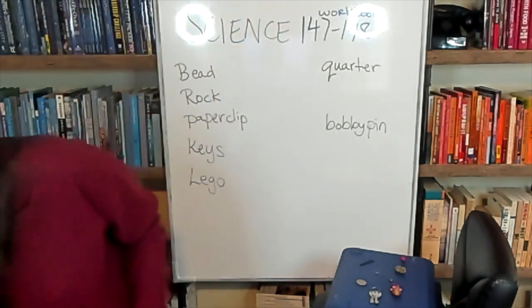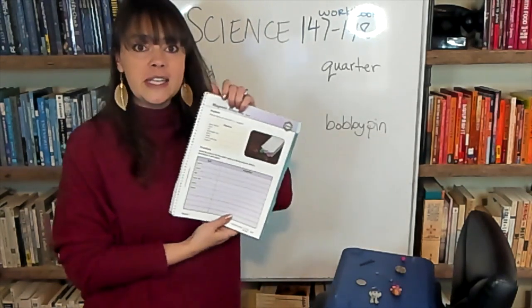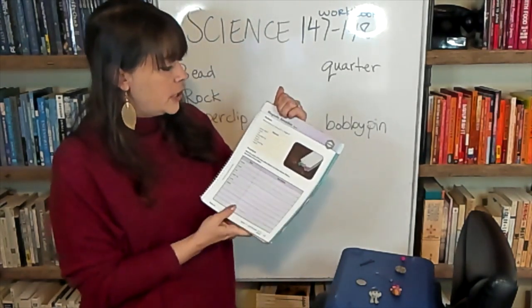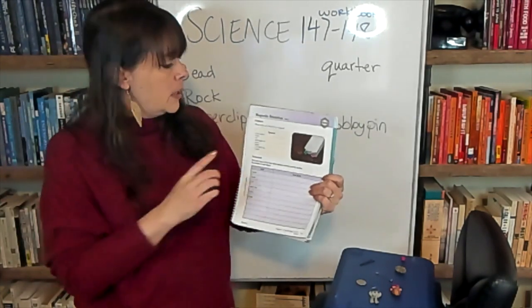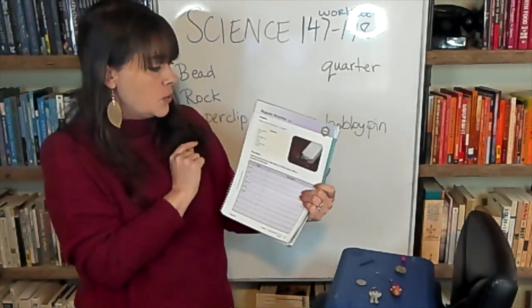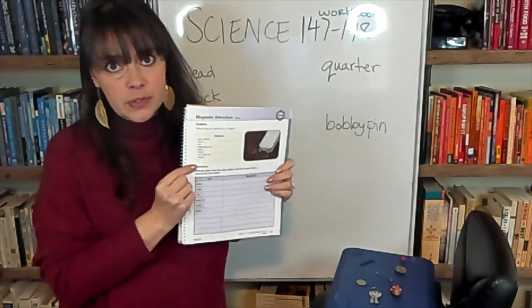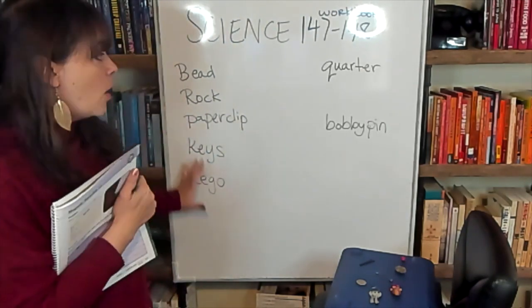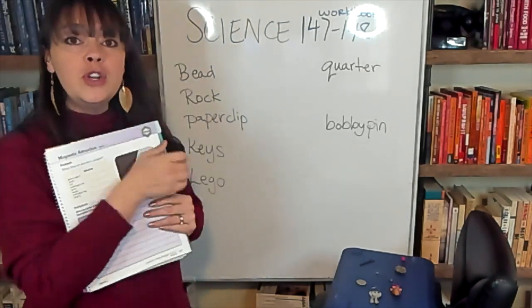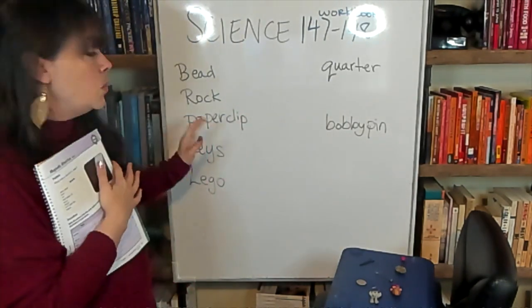Okay, so when you open your workbook to page 147, you see it says magnetic attraction. This is a problem we're solving, or the question we're answering is which items are attracted to a magnet. Now, they gave a list of these materials. I couldn't find all of them. So I came up with some of my own materials, and when you fill out this chart, you can use my materials.